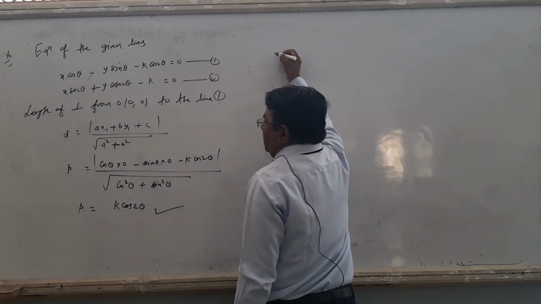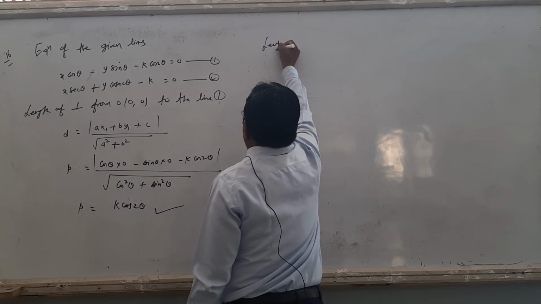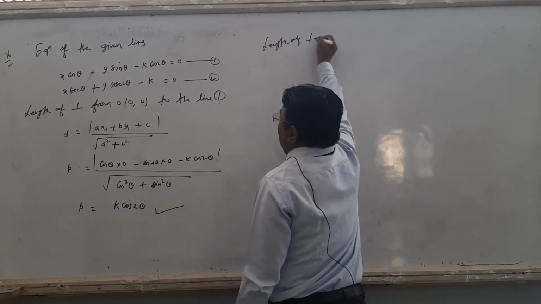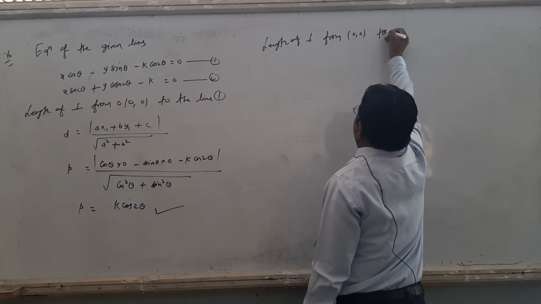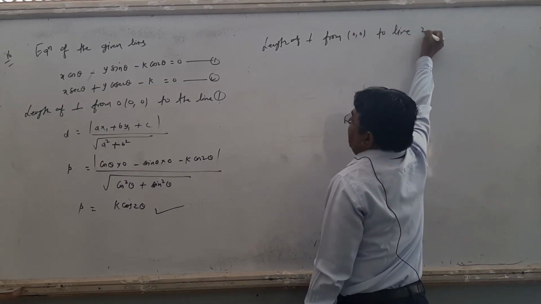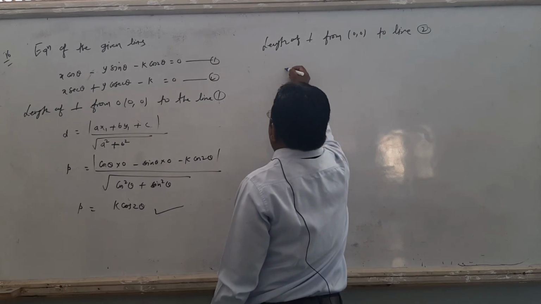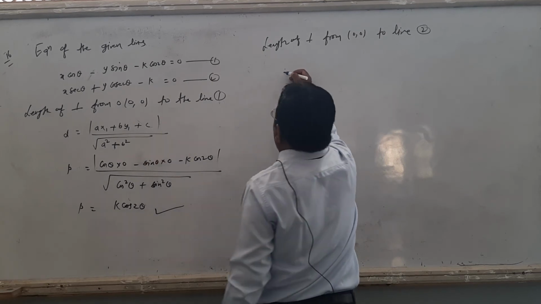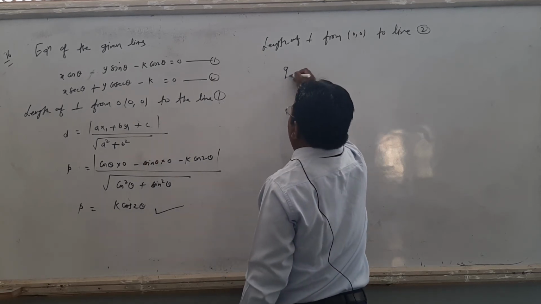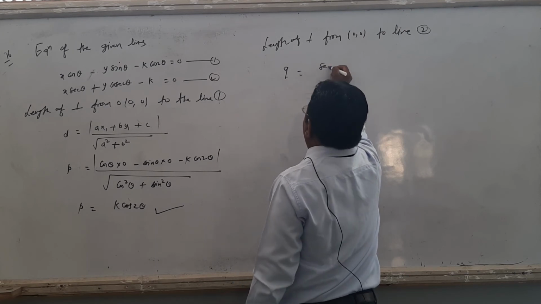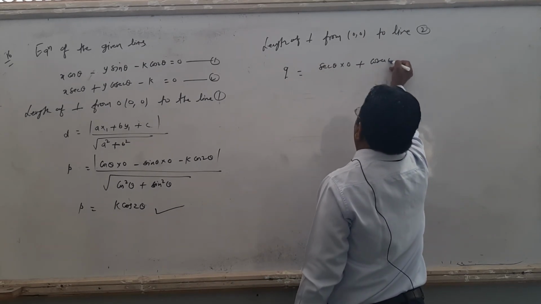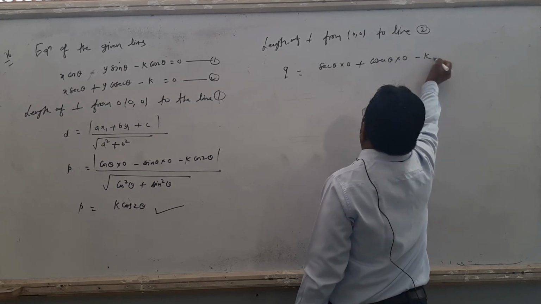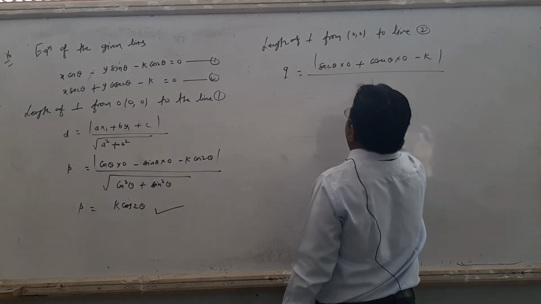Same formula, then length of perpendicular from the origin to the second line. So the distance formula is the same. Now q is given: sec theta into 0 plus cosec theta into 0 minus k, whole mod, upon under root a square plus b square.